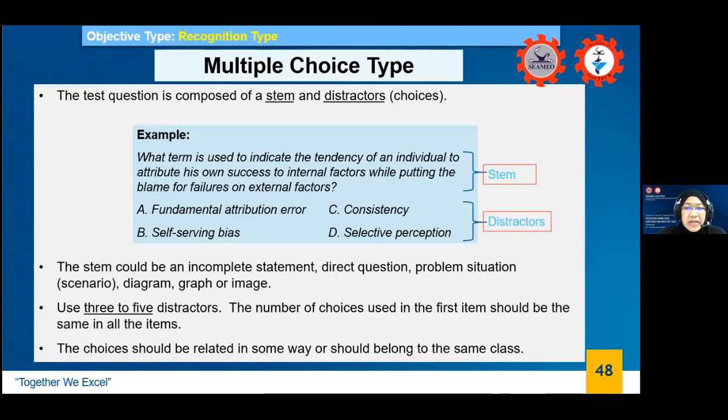After learning this, when you make your test, you have to use this, because this is something very important to us teachers, so that we are being fair to our students when we test them on their learning outcomes achievement.